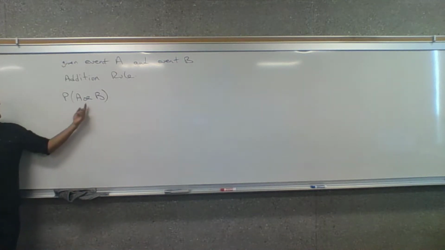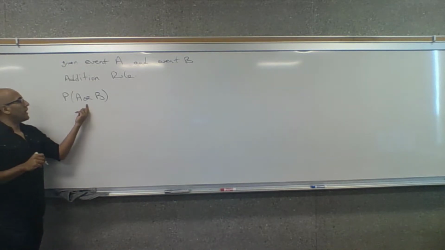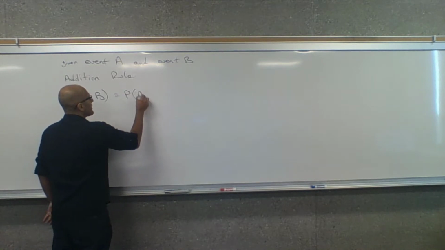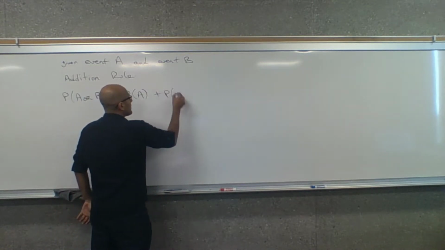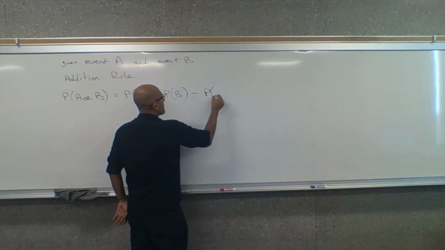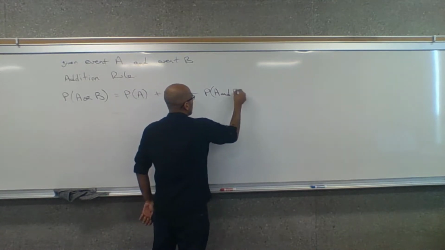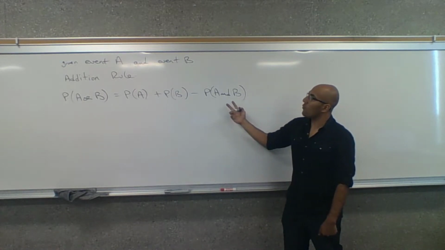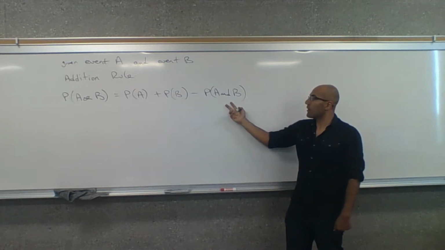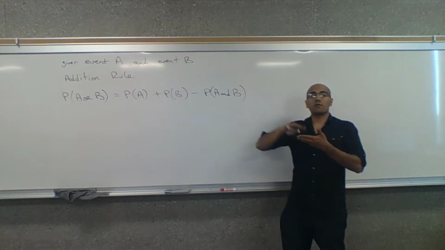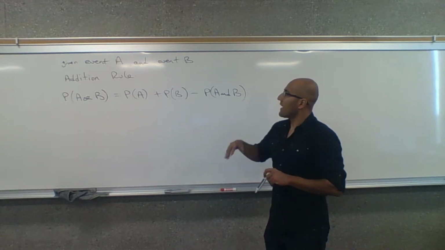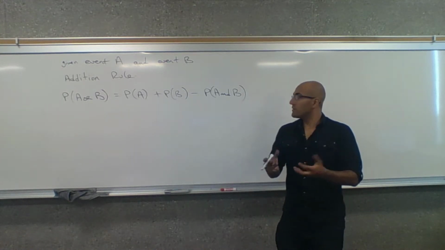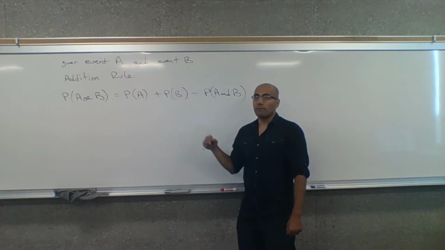Well, that comes in two statements. In order to find that, we can use the general one. The general one is equal to the probability of A plus the probability of B minus the probability of A and B. We have to look at that overlap. This one is valid no matter what sets A and B are. This is always valid. However, there's a little subcondition: if in addition it turns out that A and B happen to be disjoint, then this rule becomes a little simpler.